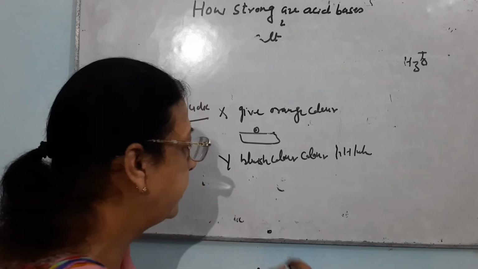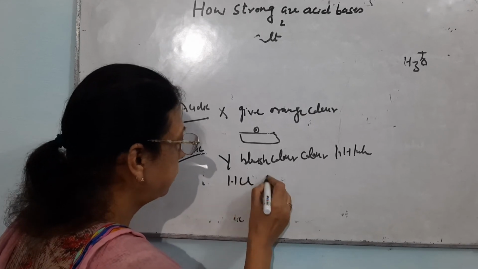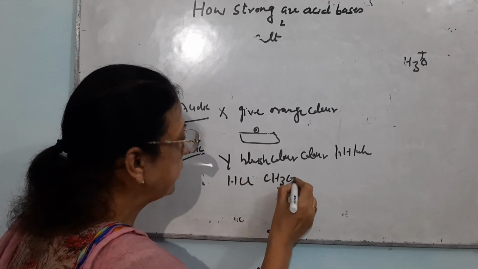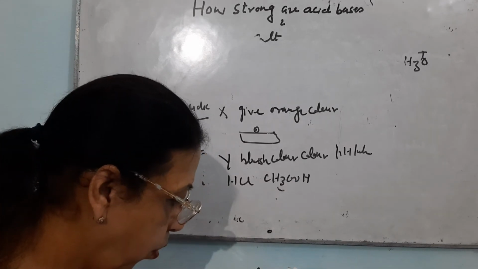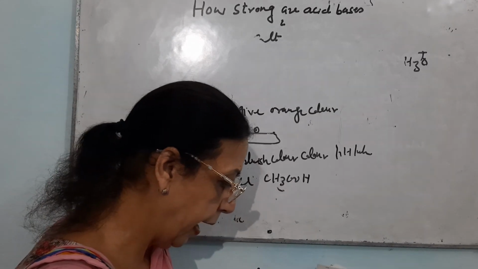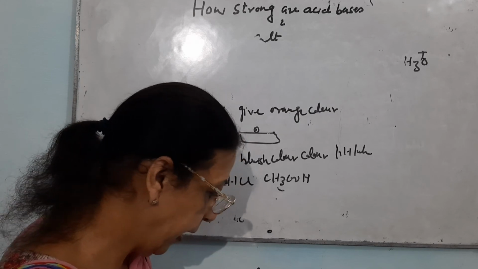Out of HCl and ethanoic acid, which one is stronger and why? Explain with the help of an example.